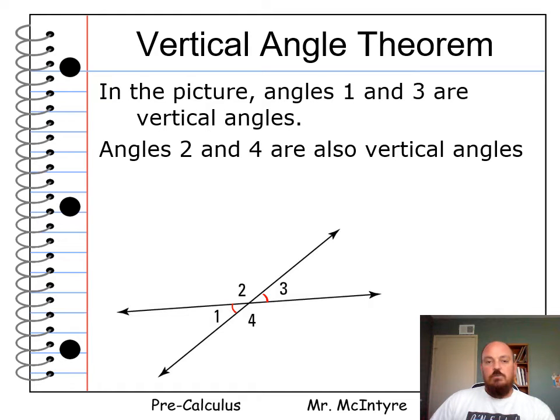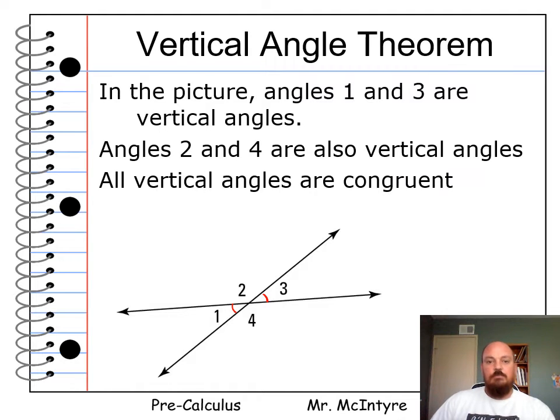But here's the theorem. This is what we call the vertical angle theorem. All vertical angles are congruent. And remember, congruent means equal. So vertical angles are equal, which means in this picture, angle 1 is congruent to angle 3, and that's what that equation says.